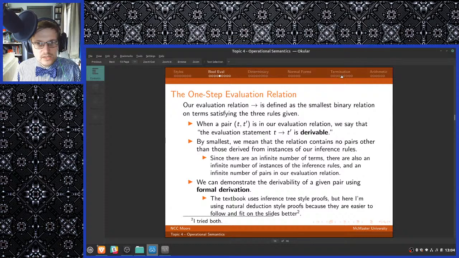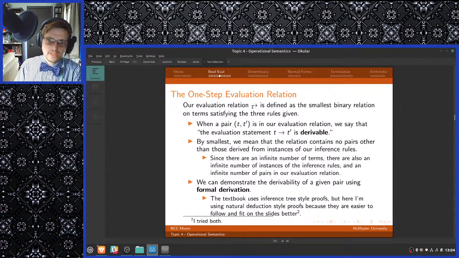As we're going to see, once we get into talking about whether this evaluation will terminate, we'll need to introduce the concept of a multi-step evaluation, which is multiple single-step evaluations chained together. But for now, we're talking about one, right? So, the one-step evaluation relation.